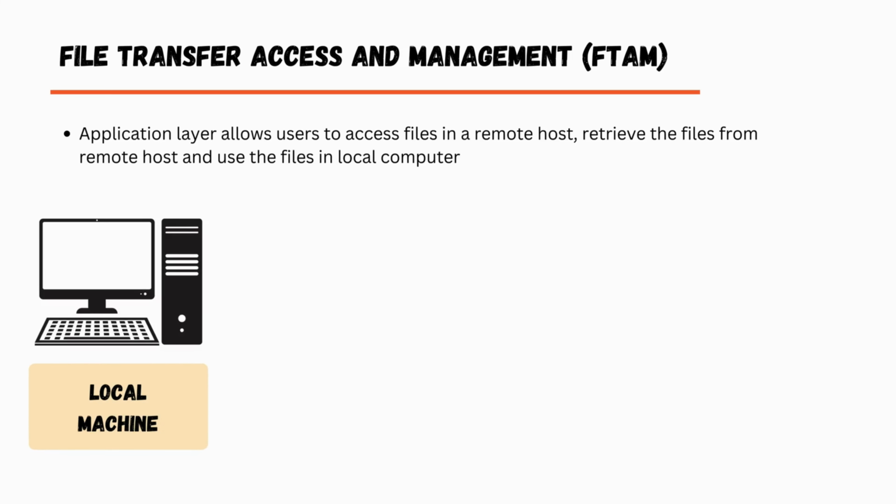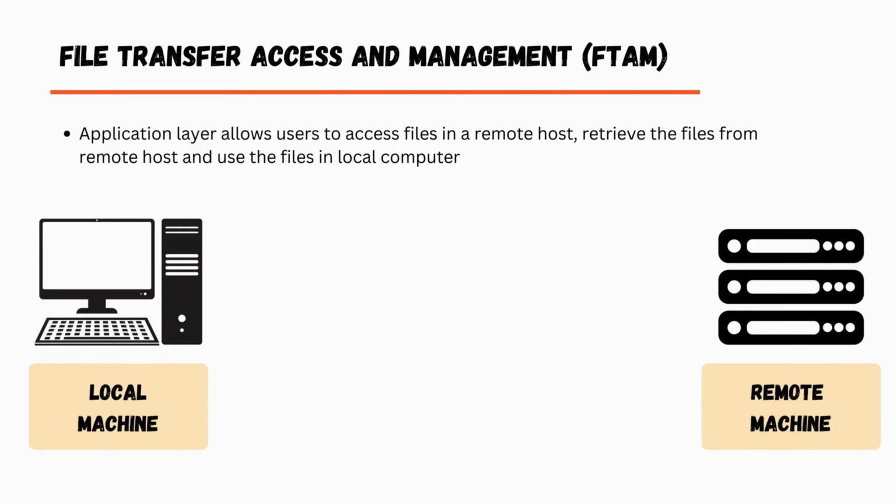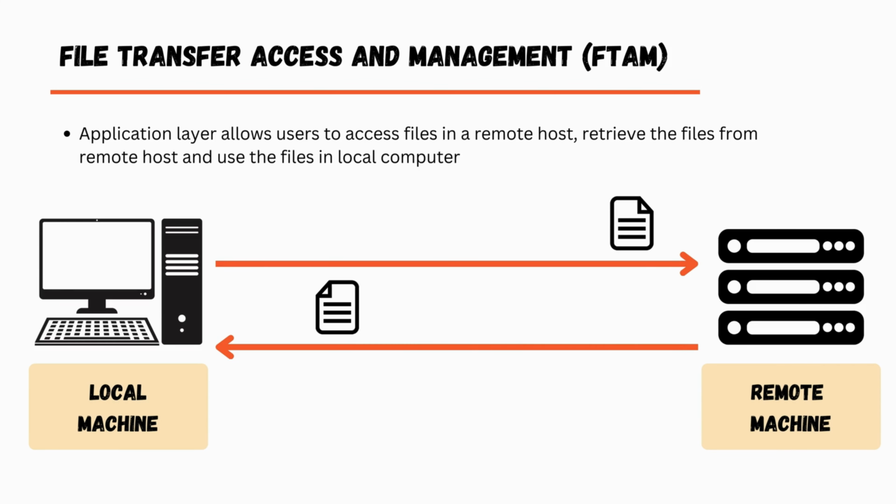We have one local machine and one remote machine, and if you are going to transfer files between them, we can use file transfer protocol, which helps us to transfer files between the machines. All this work that we do with the help of file transfer protocol, we can do on the application layer.